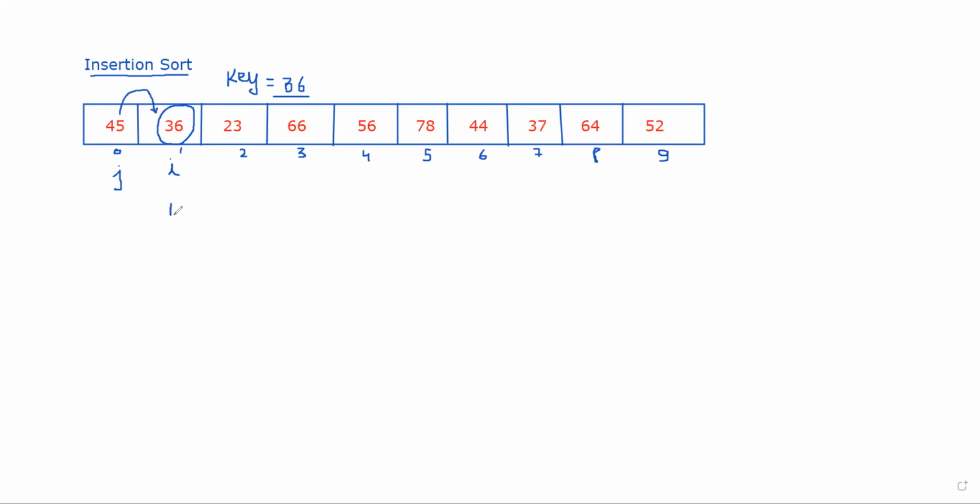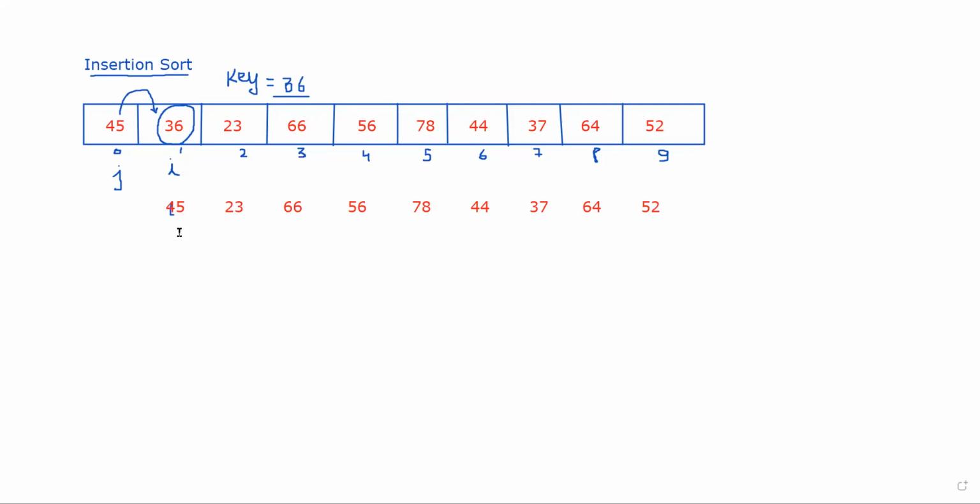Ultimately, I will have first 45, then 23, then 66, because I'm not making any change with the other values, then 56, then 78. Remember, I'm not making any change with respect to the right side values, only applying my logic to the left side. Then 44, 37, 64, 52.